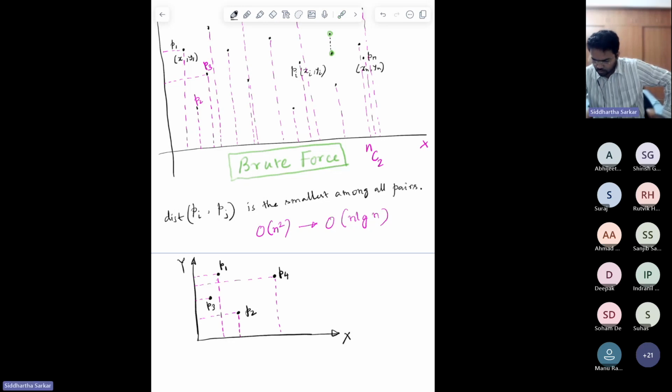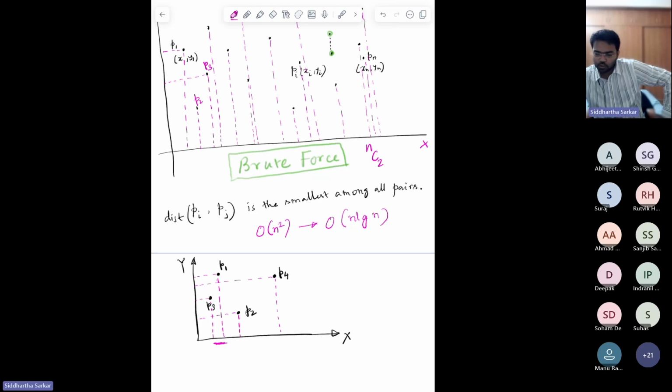But if you do the projection, it will make you believe, oh, there's a problem. I did not project this, right? Here P1 and P3 are close by even in the x direction. I can move things around. Do you understand the problem in this figure?